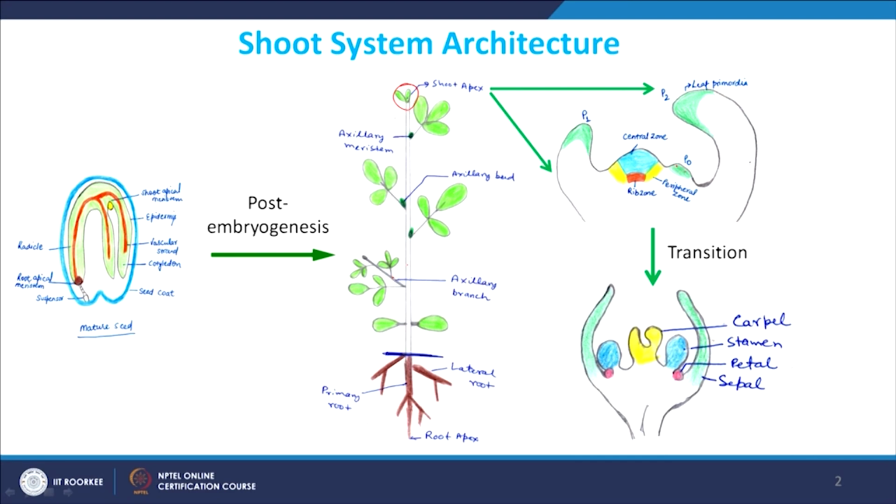You can see the primordia, P0, P1, P2, different organs are developing, but still a balance between cell division and cell differentiation is maintained. And this shoot, after a certain time point, transits to the reproductive phase, and now it makes flowers.